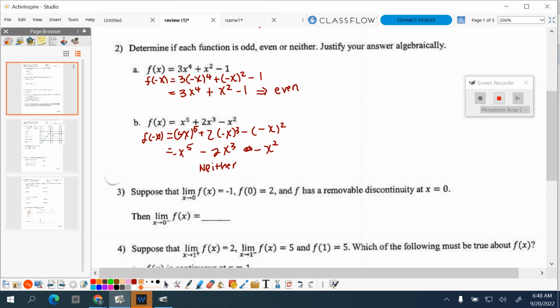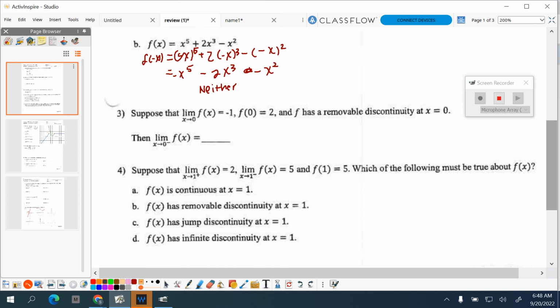All right. So how do I attempt the second one? It says suppose that the limit as x goes to 0 equals negative 1, and f of 0 equals 2. So it's defined here. Let's draw what this looks like. We have our graph, and I need the numbers.